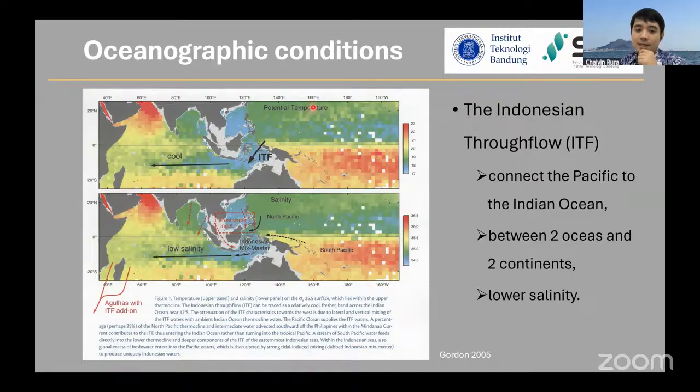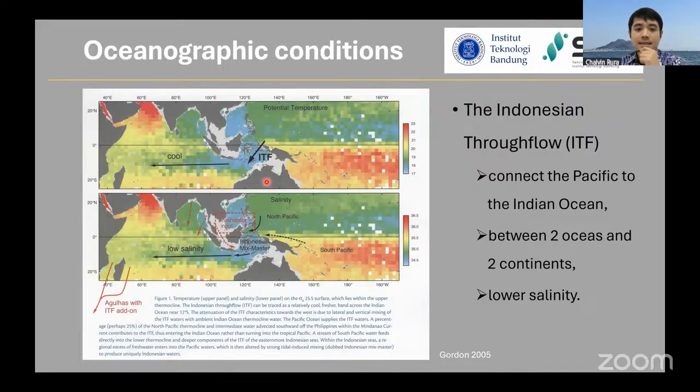The water mostly comes from the Pacific Ocean and goes through the Indonesian archipelago. But because there's so much rain in this region, the salinity lowers. Then when it goes through Indonesia and into the Indian Ocean, it has a different salinity, so it becomes like a gradient of salinity.